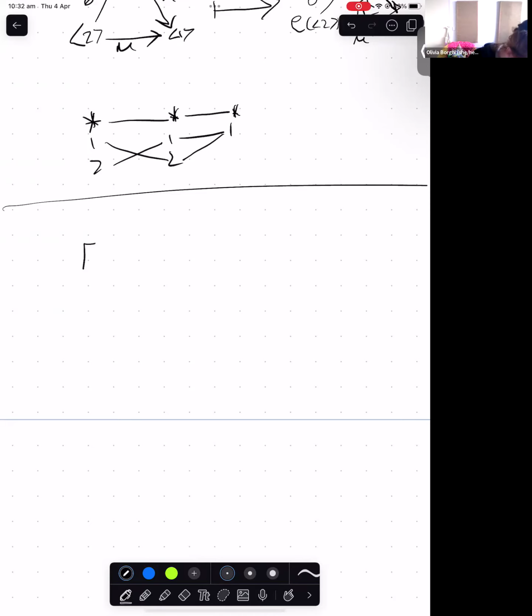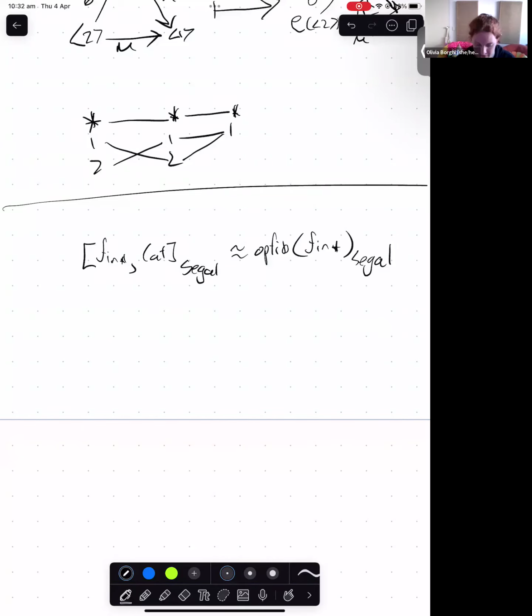The category of pseudofunctors from Fin star to Cat that are Segal turns out to be equivalent to the category of what are called opfibrations over Fin star, that are Segal in a different sense that I'll explain in a second. The Grothendieck construction tells us that this equivalence exists.